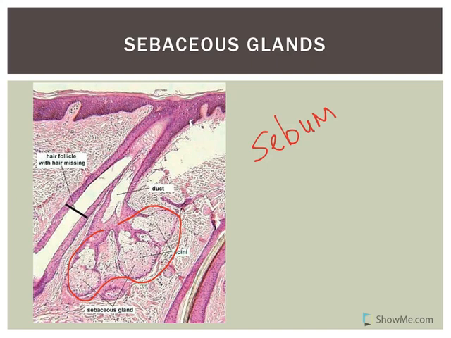Sebaceous glands secrete this oily substance called sebum that is antibacterial. It also softens your hair, makes it more pliable. As you get older, the amount of sebum produced decreases, so your skin tends to get drier, and your hair tends to get drier as you get older.